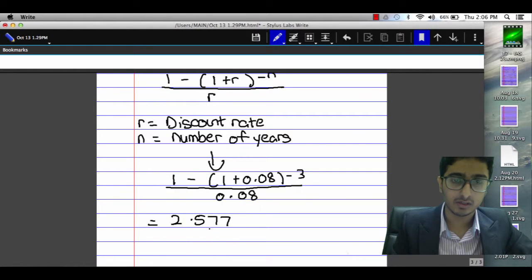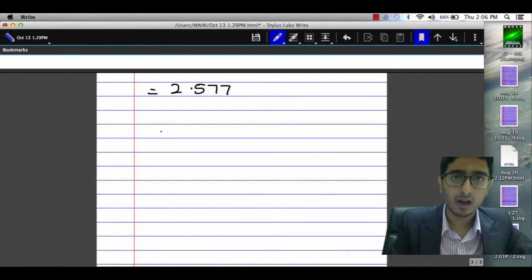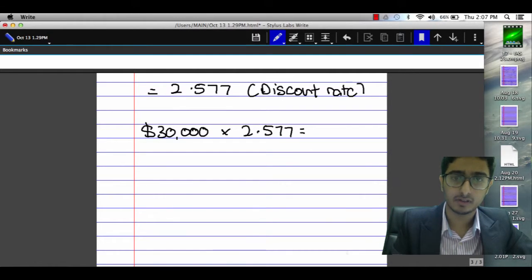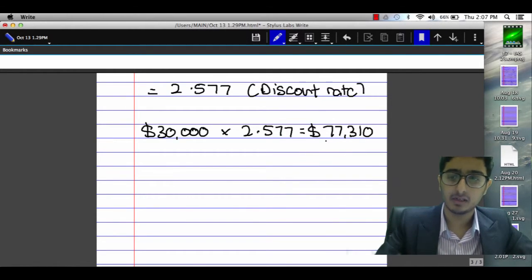Okay, now what does this actually mean? Now, we have cash flows of $30,000. Yes, now my discount factor is 2.577. This means that my present value of cash flow is $77,310. Now, what does this simply mean?